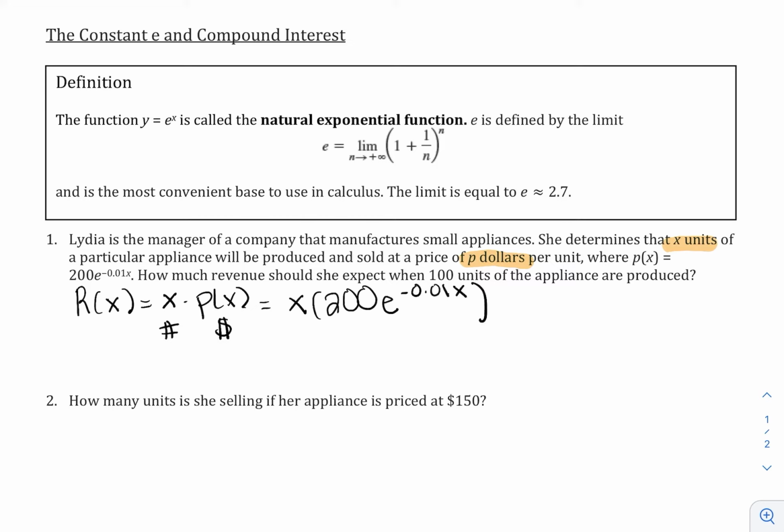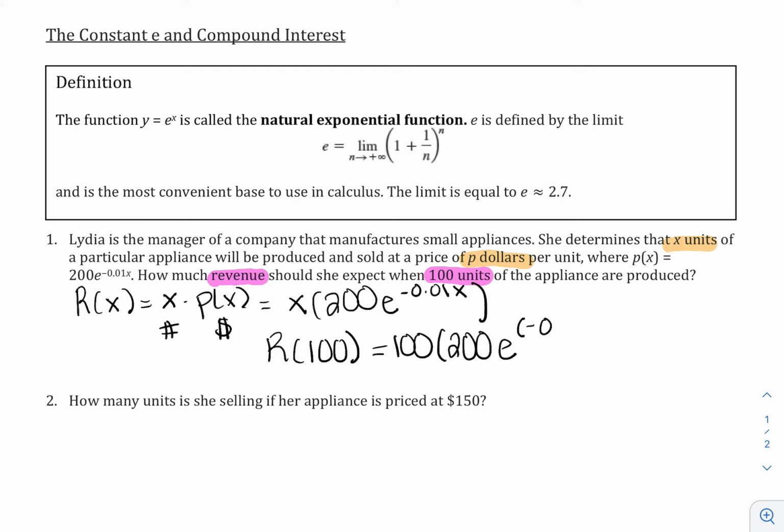So this is my revenue function, but specifically here, they're asking for how much revenue for 100 units. I knew to create my revenue function because it said how much revenue, and it specifically asked about 100 units, and x represents the amount of units. So I have R of 100 is equal to 100 times 200 e to the, and I'm going to put the power in parentheses so that I can talk about the calculator here.